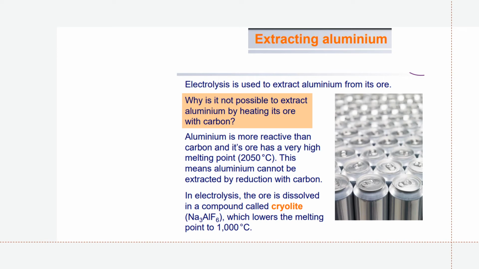This means aluminium cannot be extracted by reduction with carbon. In electrolysis, the ore is dissolved in a compound called cryolite, or Na3AlF6, which lowers the melting point to 1000 degrees Celsius.